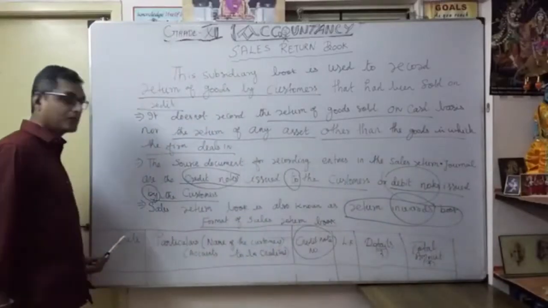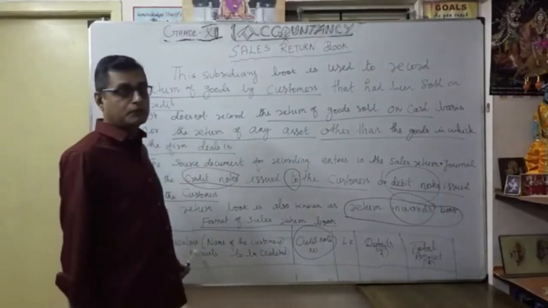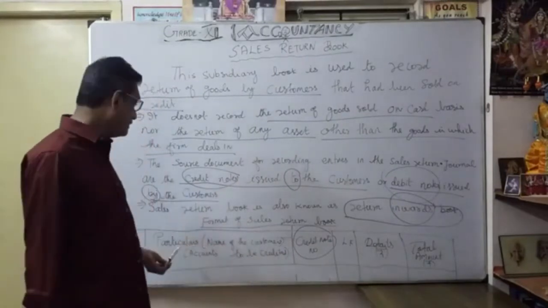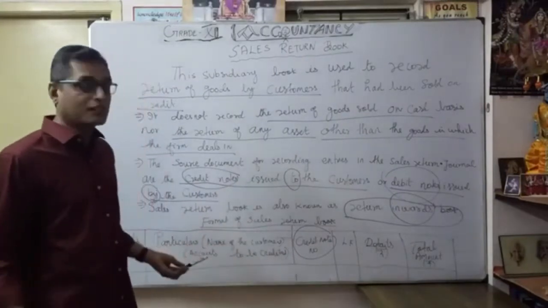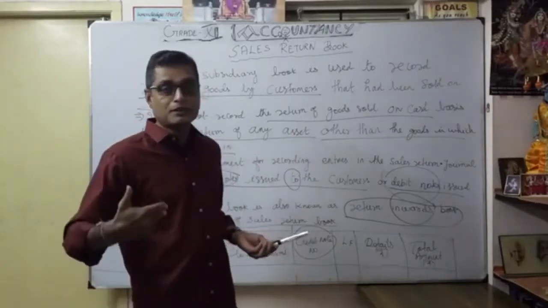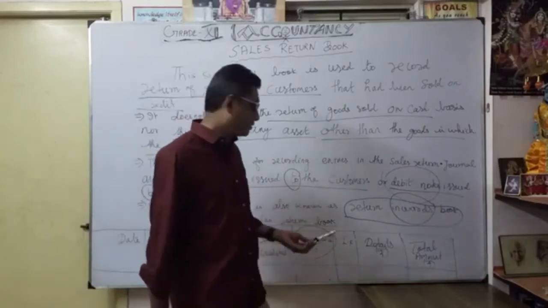So what is the format here again? Date, particulars. Under particulars, we write the name of the customer who returned goods back to us. Then how we record, maybe account to be credited, that you understood when you prepare the ledger account, correct? Then this is a very important column, credit note. Then ledger folio.